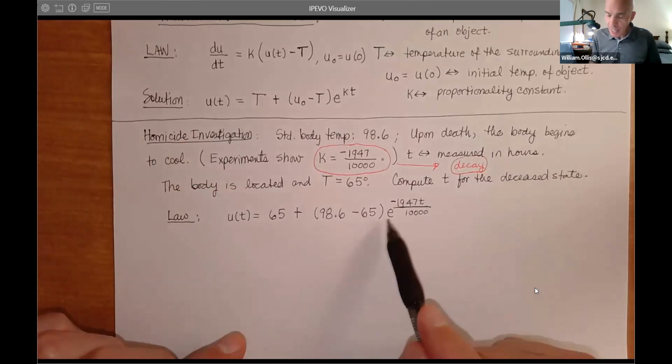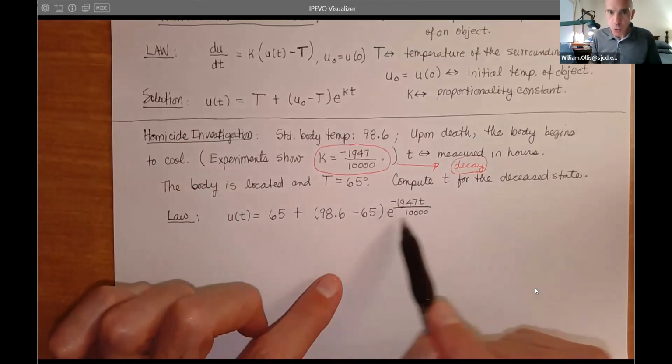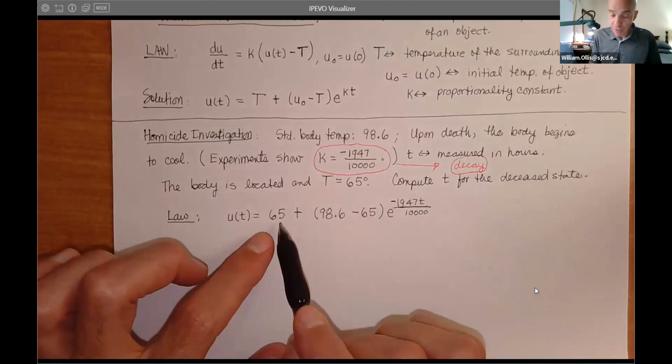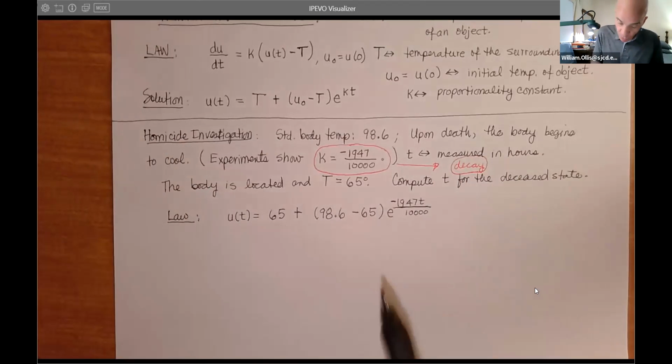So what we could see here is that over time, this term will converge to 0, and the body temperature will be that of the surrounding temperature.